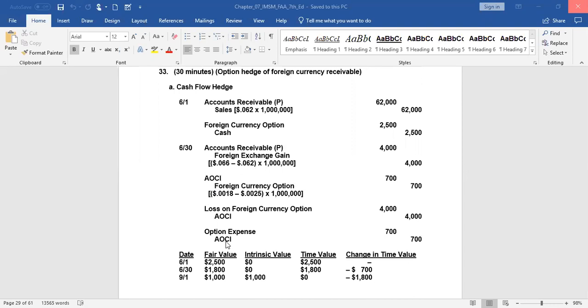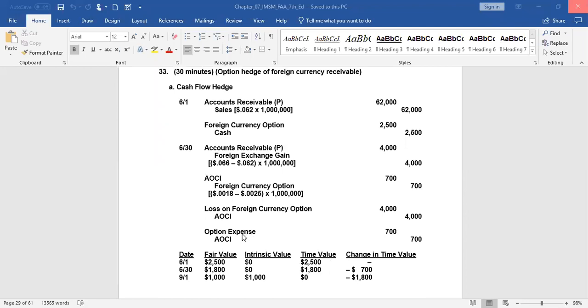The final thing we do is record any change in time value as an option expense. So the value of the option was 2,500, it goes down to $1,800. That's how much we would have paid for it. So it's a $700 decrease. That's an expense that will affect the income statement.